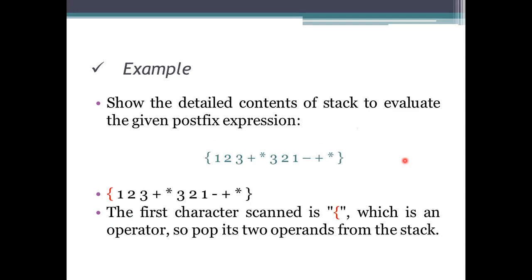In this, we are having an example. This example consists of operands and operators, and then we have the brace symbol also. If it is reading these symbols, what happens? We need to represent that one also. Sometimes we need to specify that this expression will be different from the other expressions.